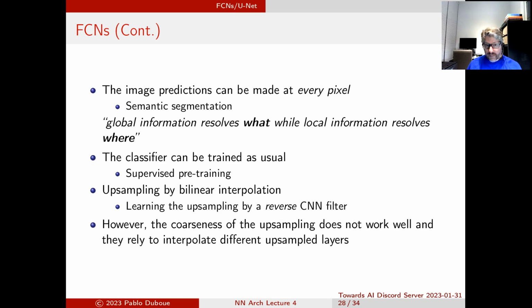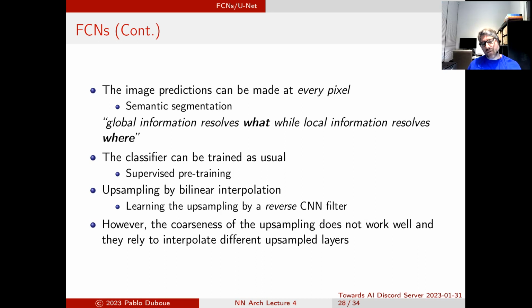So what we want then is to do image predictions at every pixel. That is semantic segmentation. So global information resolves what, while local information resolves where. The classifier can be trained as usual, so we can do supervised pre-training, but what we need is to recover locations, and that's quite hard because the network has lost locations in the downsamplings.